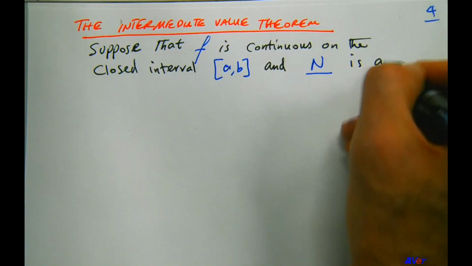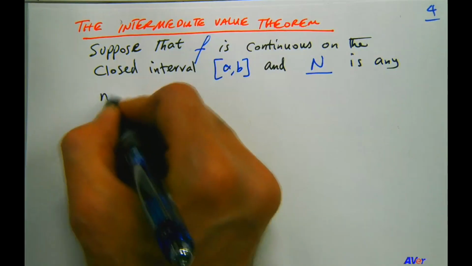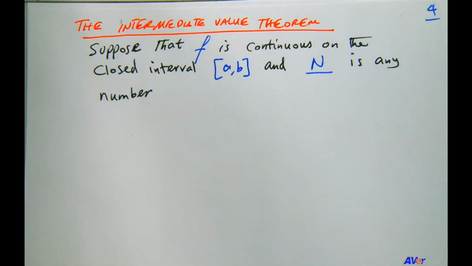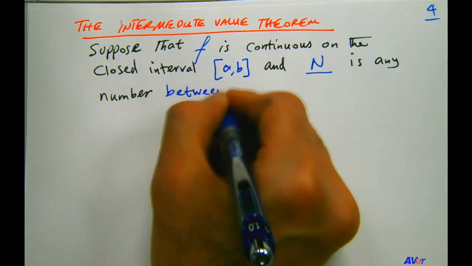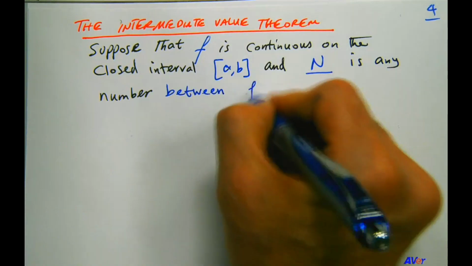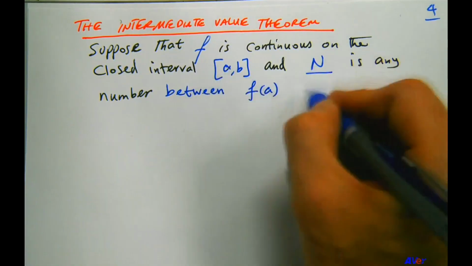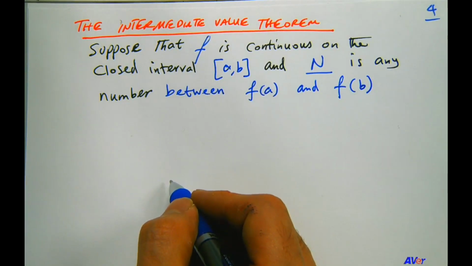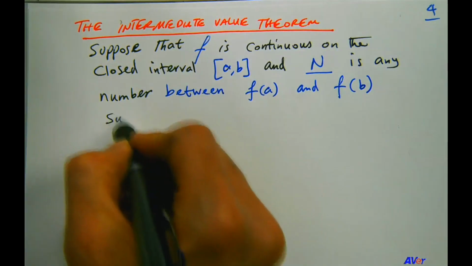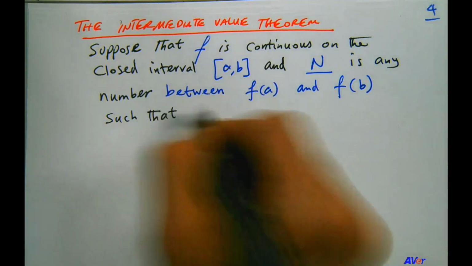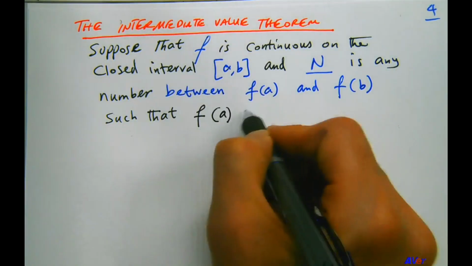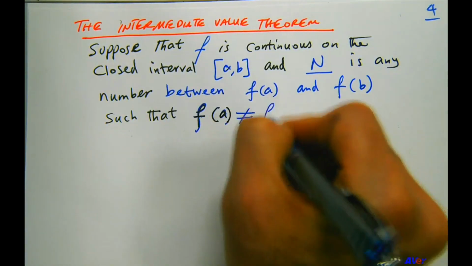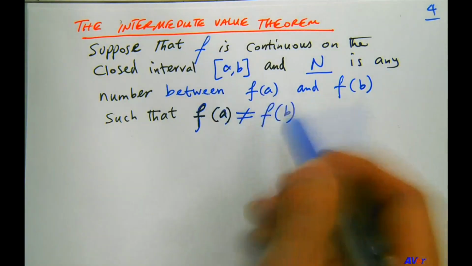And n is any number between the function value at a and function value at b, such that f of a is not equal to f of b. So a and b cannot be the same value, basically.